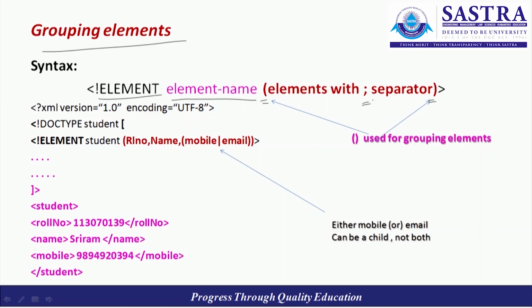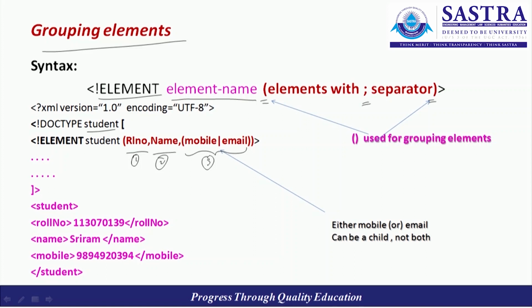Look at this example: DOCTYPE student element, the student element carrying roll number, comma, name, comma, either mobile or email. Look at this, I have given a choice. The third element of student, this is first, this is second, and any one of the two will be a third child for student. This is the way I can separate.